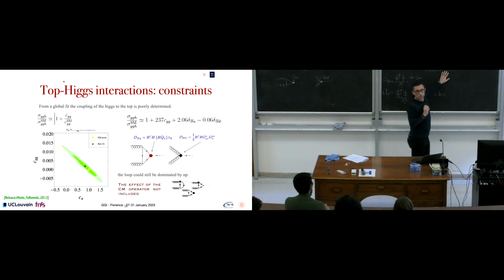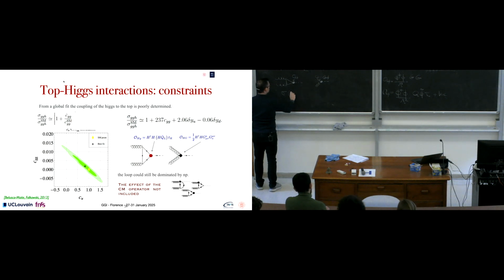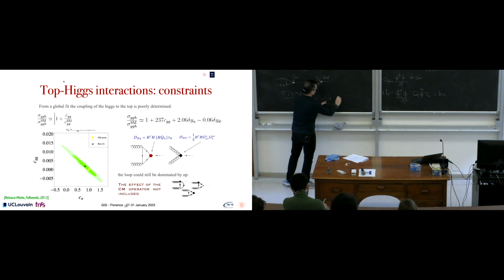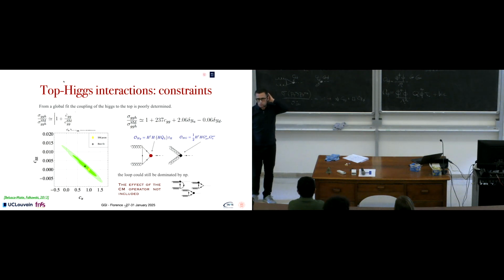Is that clear? Because your cross-section at high PT will depend on a different linear combination of CG plus OT phi. So that's the logic that we use to make fits in the EFT.